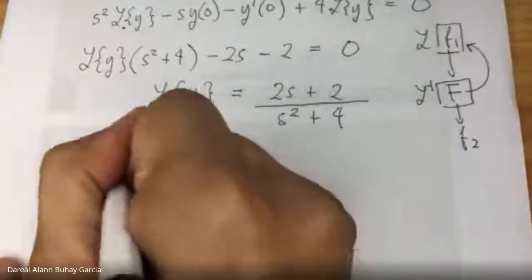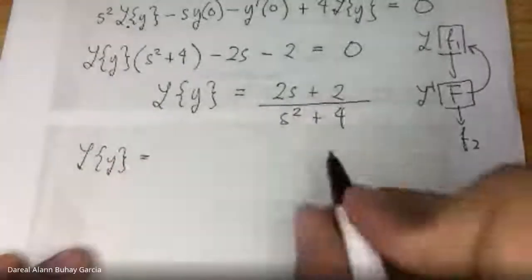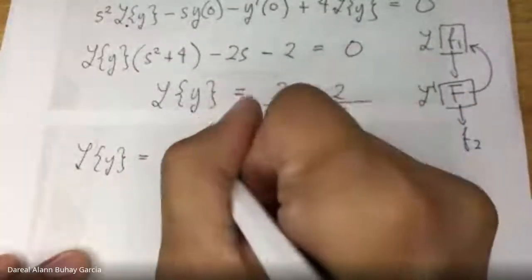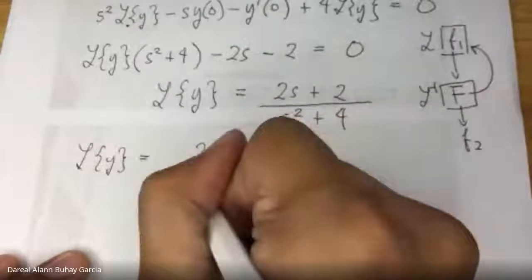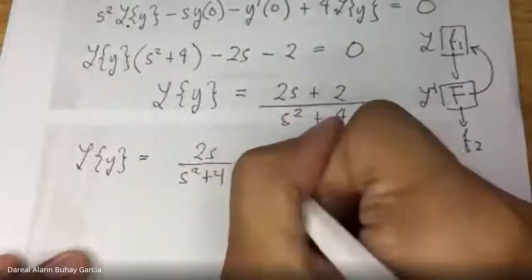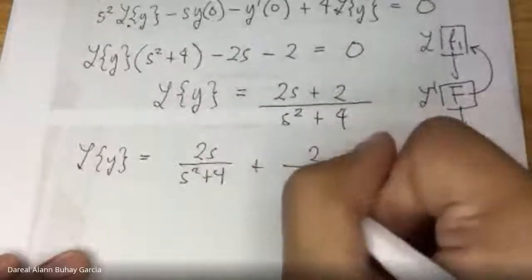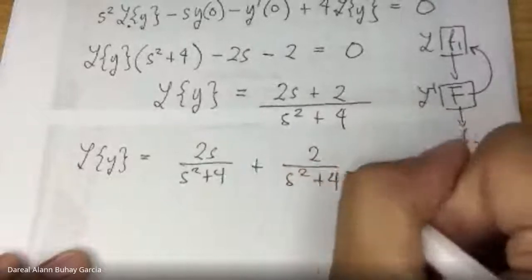So the Laplace of y is equal to 2s over s squared plus 4 plus 2 over s squared plus 4.